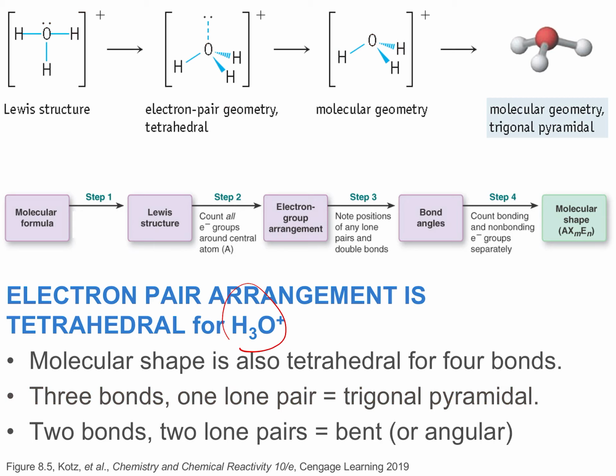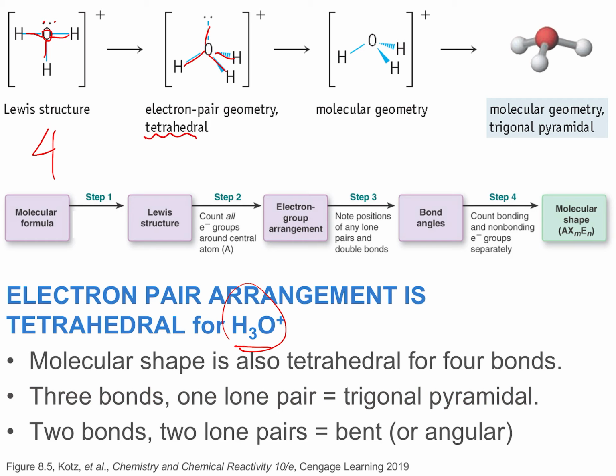We can do this again for the hydronium ion. The hydronium ion is H3O+. Again, that's our formula. Let's draw a Lewis structure. We have oxygen, and then 3 bonds, and then the lone pair. So we have 4 regions of electron density around the central atom: 1, 2, 3, 4.